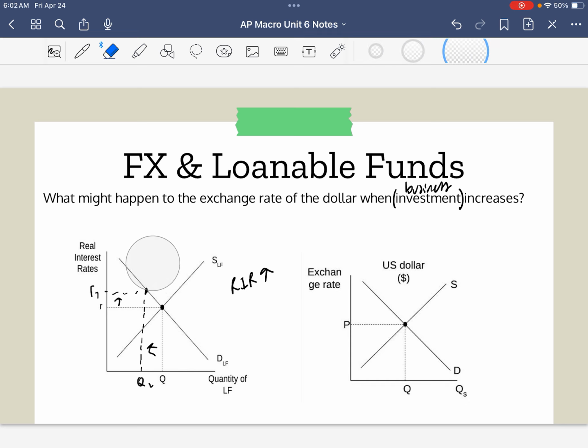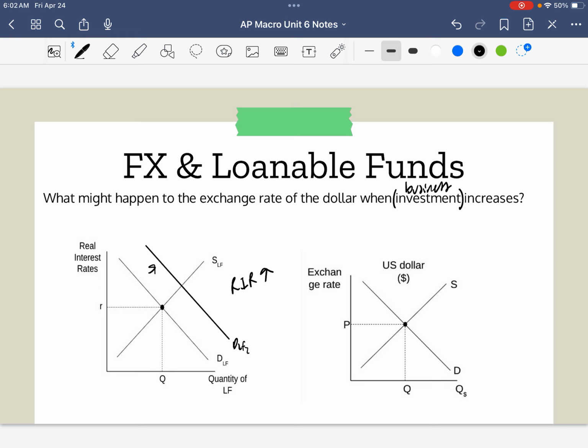Or opposite school of thought, sometimes there's 2 right answers. Demand for loanable funds goes up because businesses are demanding funds. Real interest rate goes up. And the same thing happens. Real interest rate goes up. So no matter which way you swing it here, real interest rate will go up.